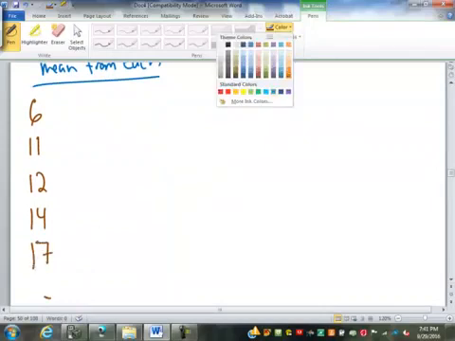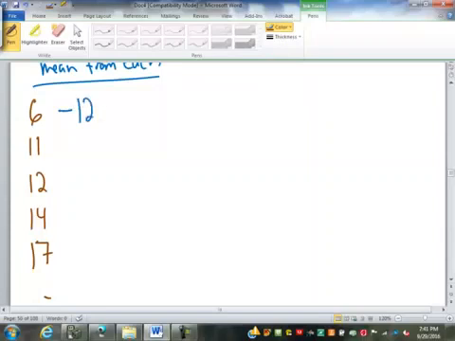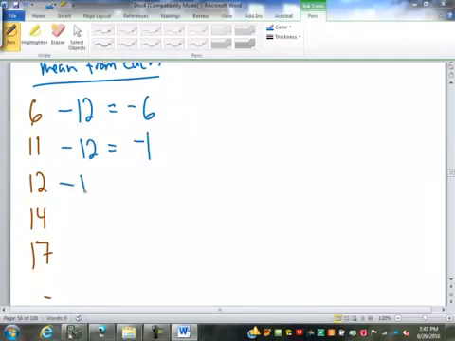And we are going to subtract that mean of 12 from each number. What's 6 minus 12? It's negative 6. 11 minus 12, negative 1. 12 minus 12, 0. 14 minus 12, 2, and 17 minus 12, 5.